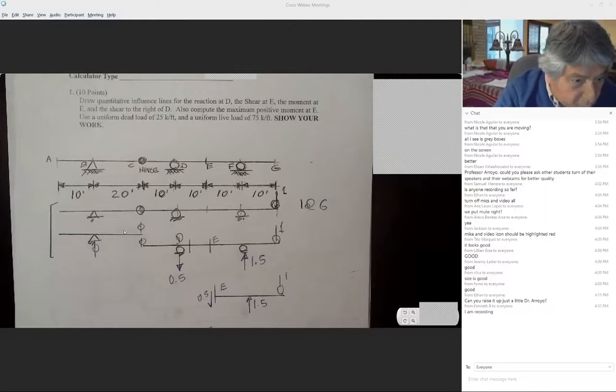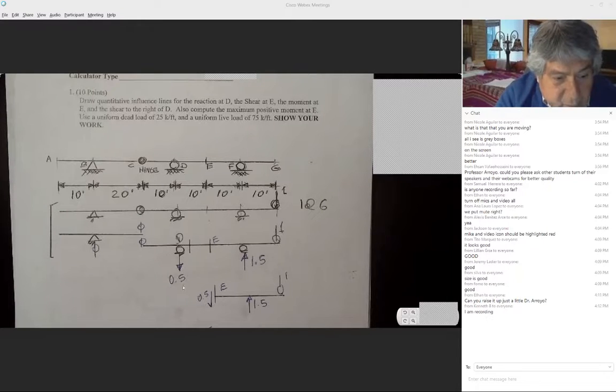So when we apply moment about this point, this is going to be zero. With some forces, we have to start with this free body always. We apply moment about this location, this is zero, summation of force in Y, this is zero. Those two have to be zero. So now, since I know this force, I apply moment about this point as 1 times 10, and this unknown force times 20.